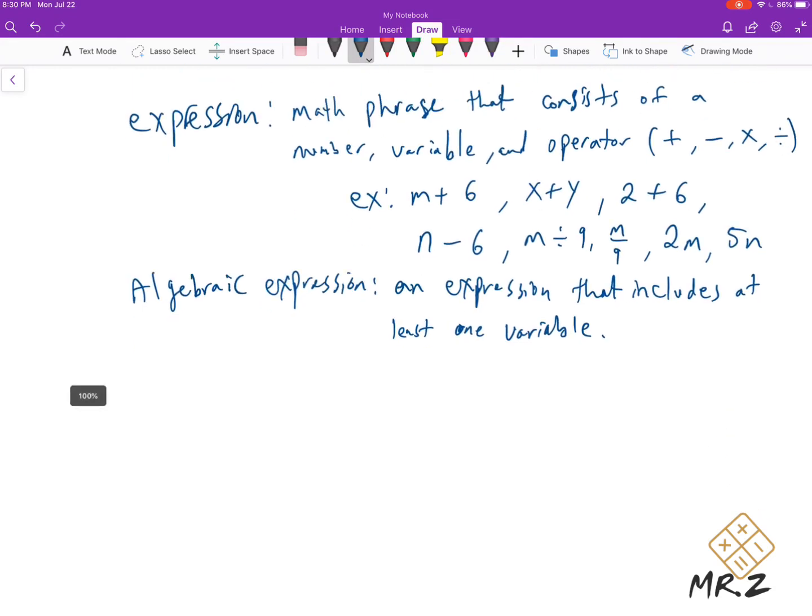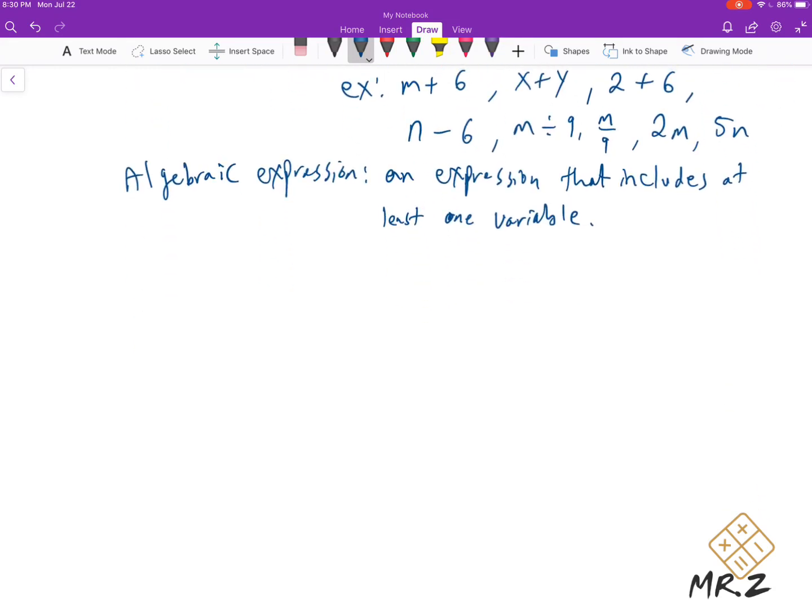Now let's move into evaluating expressions. Now what we mean by the word evaluate, and that's another important thing that you'll see a lot. You'll be surprised how many times I get asked that question. Mr. Z, what does evaluate mean? Guys, evaluate just means solve, okay? Evaluate just means solve.